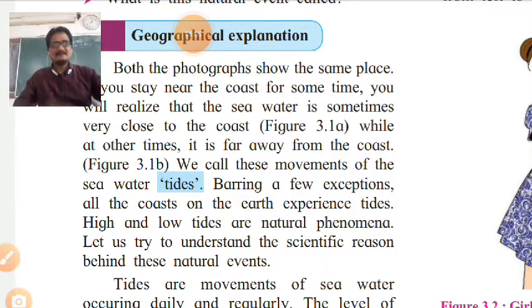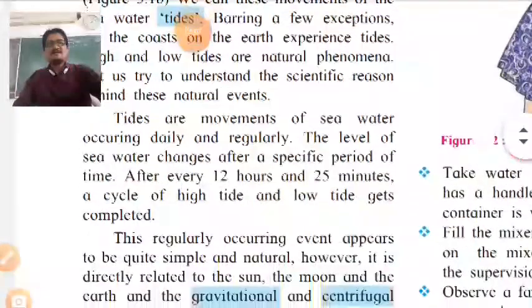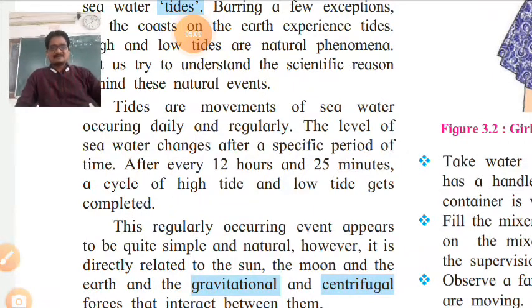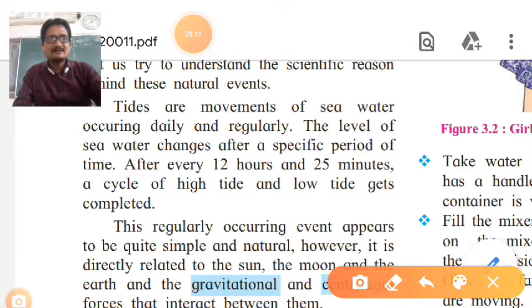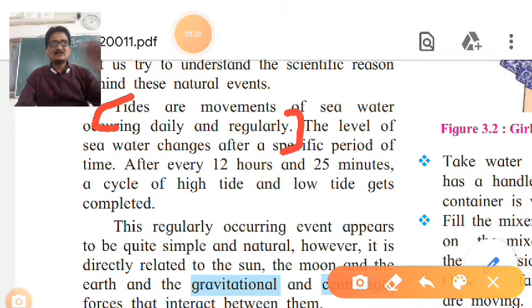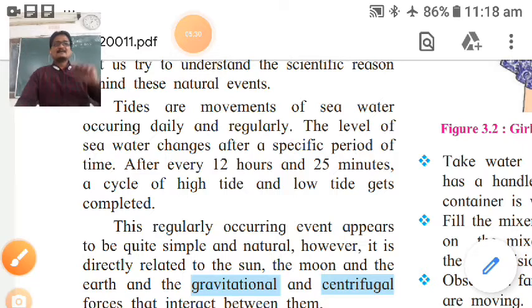So we will see that tides are movements of seawater occurring daily and regularly. You can note down this point. Tides are movements of seawater occurring daily and regularly. Point it out in your notebook. The level of seawater changes after a specific period of time.